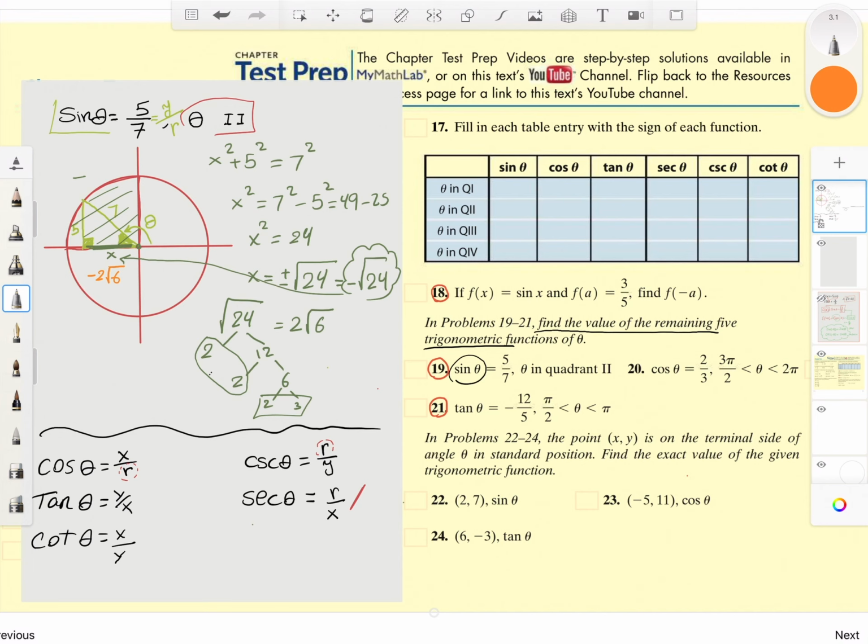Now we just need to plug it in. So x over r will be negative 2 root 6 over 7. Y over x is 5 over negative 2 root 6. We have a radical in the denominator, so you need to do one extra step. We multiply by radical 6 over radical 6.